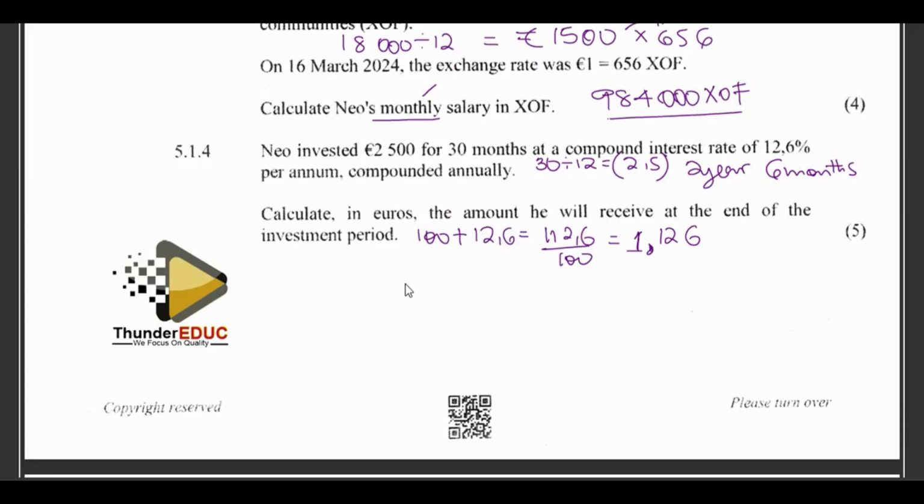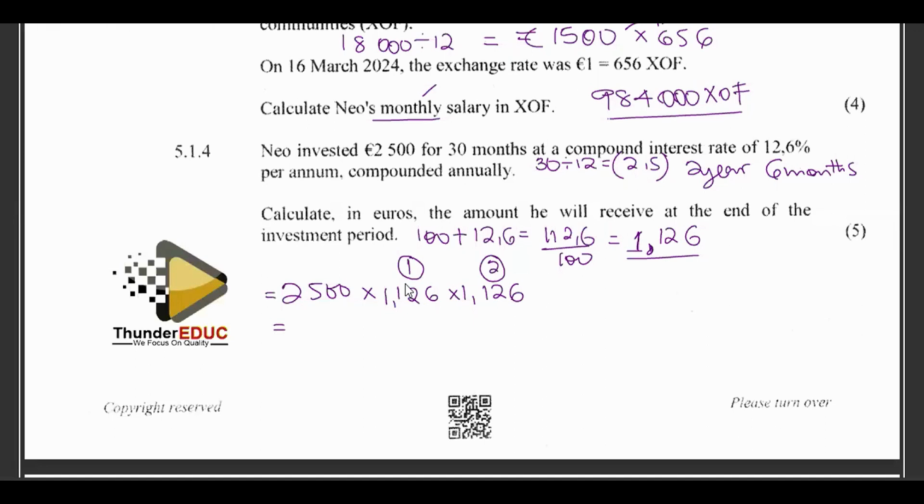Since it's 2 years, we shall take the money the person invested and multiply with our increment twice. Remember, it's compounded. This first one is representing the first year, this is the second. Where do we get the 2 years? From the 30 months. We found out that we shall take 2 complete years. How much will it be?